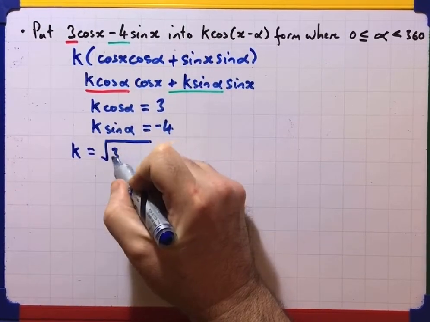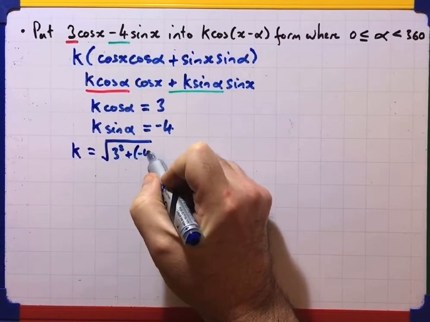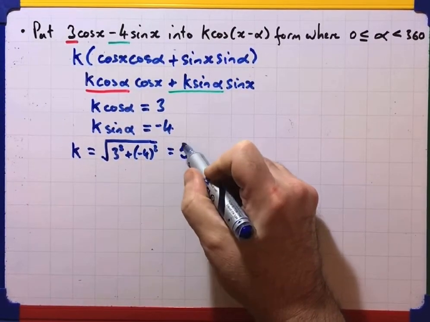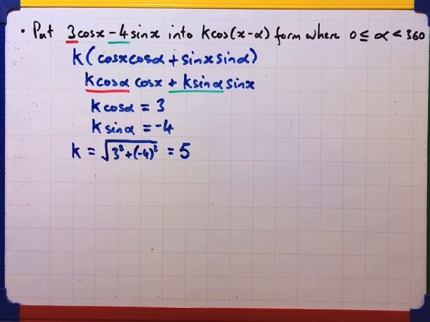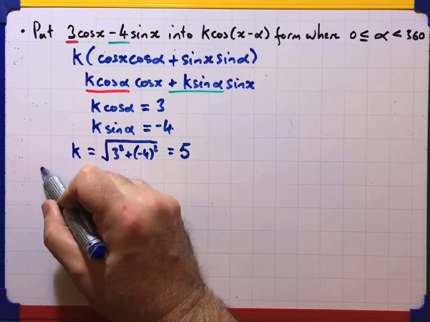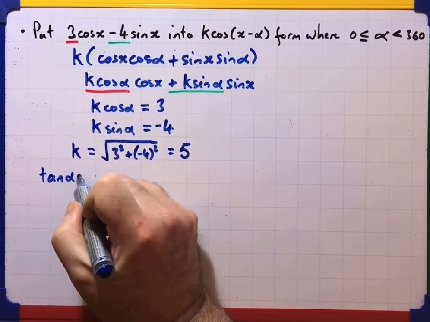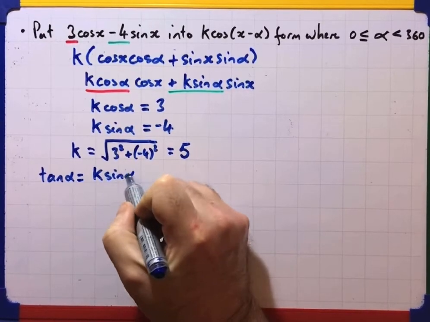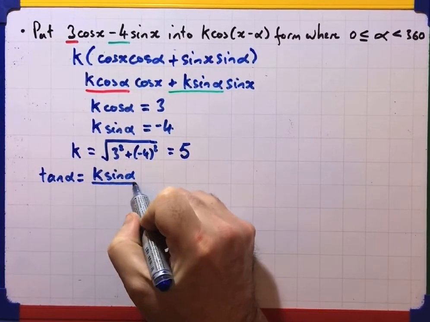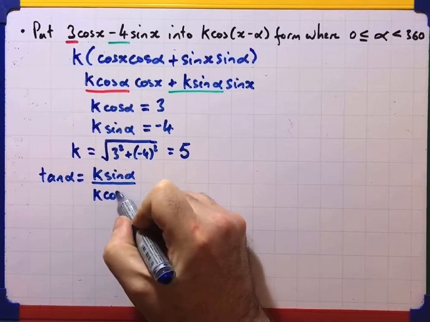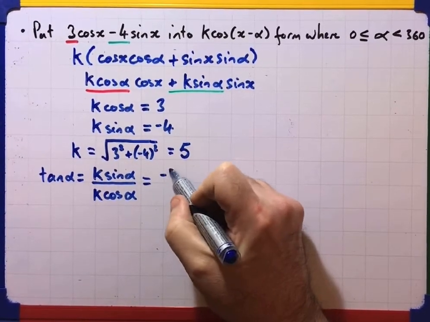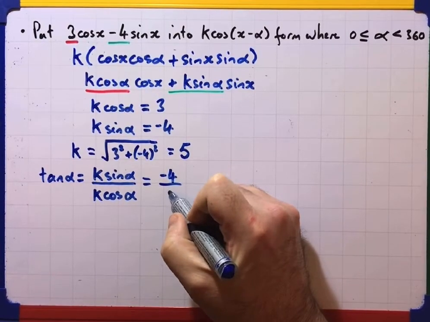So we've got 3 squared plus minus 4 squared, and if you work that out, that gives you 5. So we know that k is 5. For the next bit, remember we want tan alpha, which is k sin alpha over k cos alpha, and that gives me minus 4 over 3.